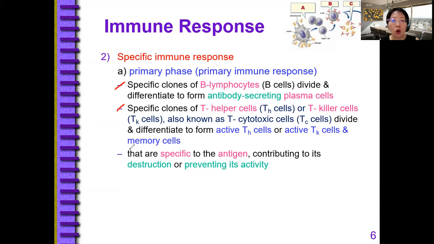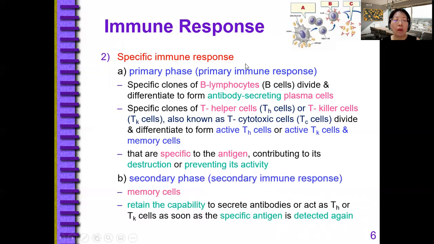The products are specific to the antigen and contribute to the destruction of the specific antigen and preventing its activity. So what are the products? Antibody is a product. Activated T helper cells and activated TC cells are the products. You will look at that in detail in the diagram.